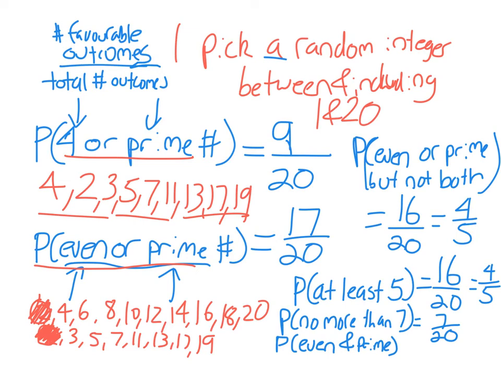I don't include numbers that are one or the other. So if I find the probability that it's even and prime, there's only one of those, which is 2. 2 is the only possibility out of 20. So the probability is 1 over 20. So or includes where only one of the things is satisfied, whereas and both must be satisfied.